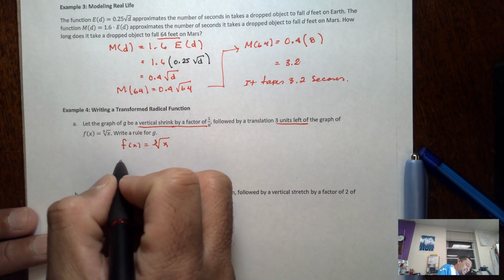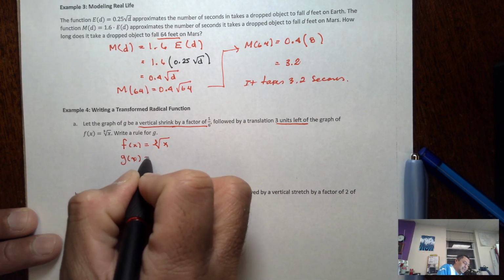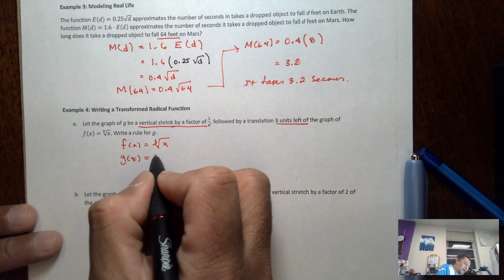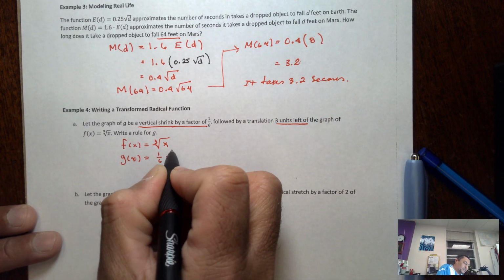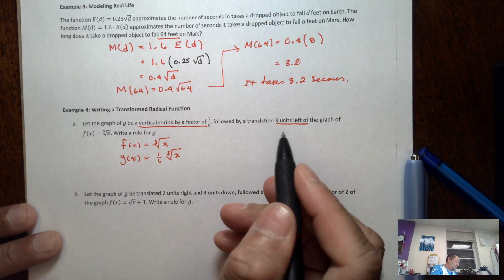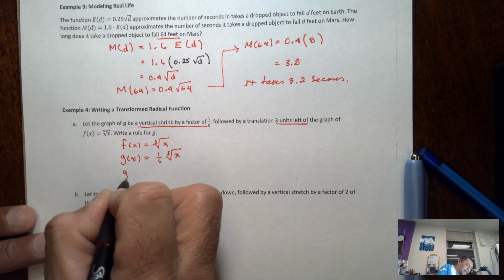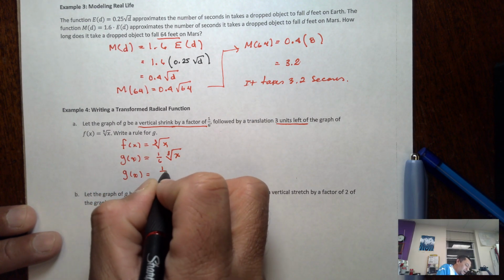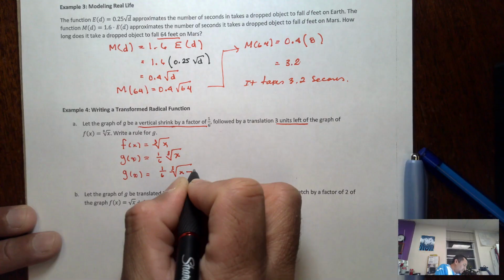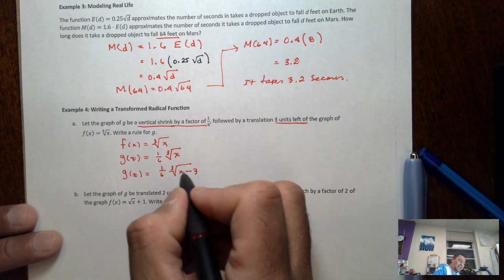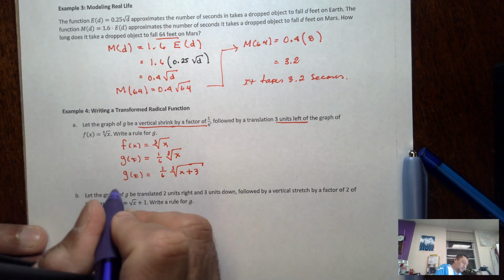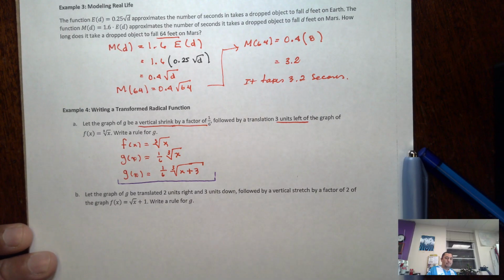Then g of x has a vertical shrink by a factor of 1/6, so it's 1/6 times the cube root of x. Then 3 units left, so g of x equals 1/6 cube root of x plus 3, because it's going to the left. That's going to be our solution to example 4a.